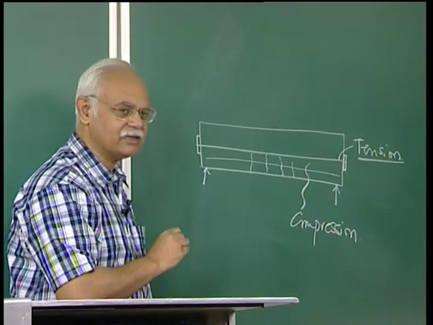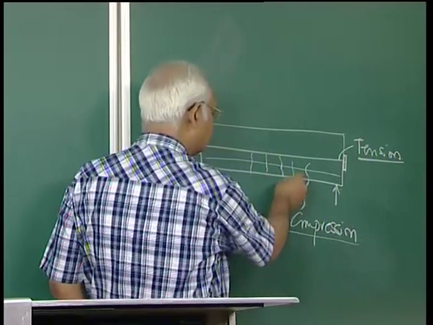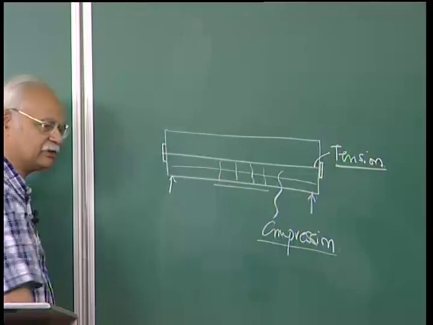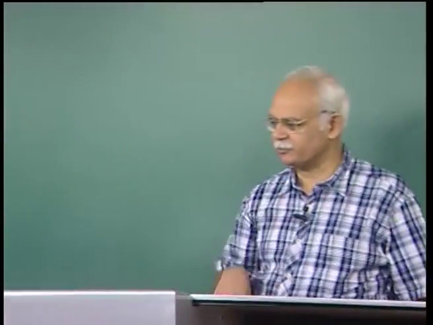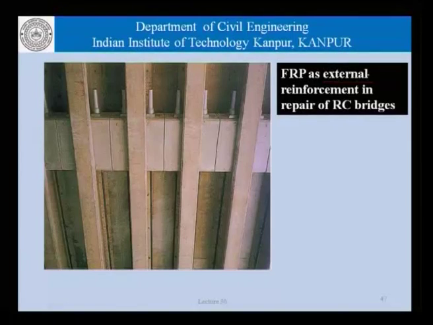That is, we are externally compressing the concrete, and this helps in closing the cracks, getting rid of additional deflections and so on. So, that is the principle of external reinforcement in repair works of RC bridges, and given their high strength, FRPs are a good candidate for use in this condition.